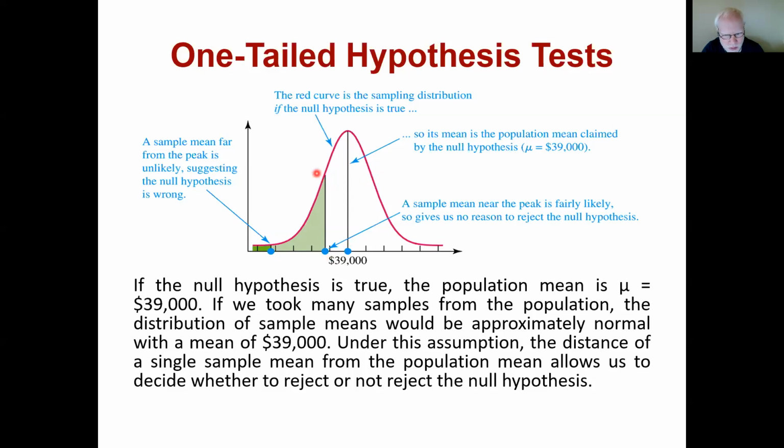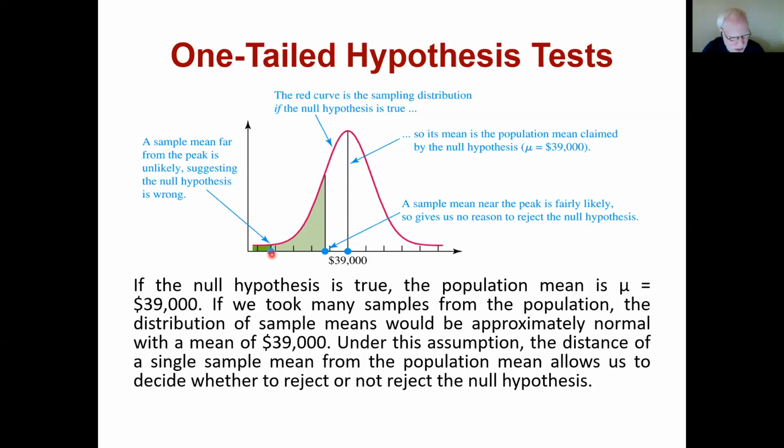If we get a sample mean of 38,000 or 38,500 or whatever it would be, this is really close to the mean, so there's a high probability that we just get this sample randomly. We can't say that the true population mean is 39,000, but we have no reason to say it's wrong.